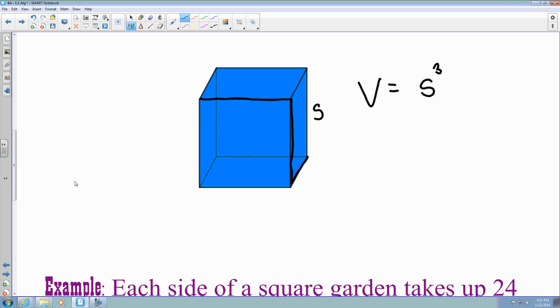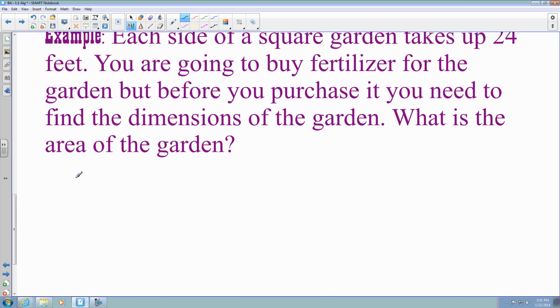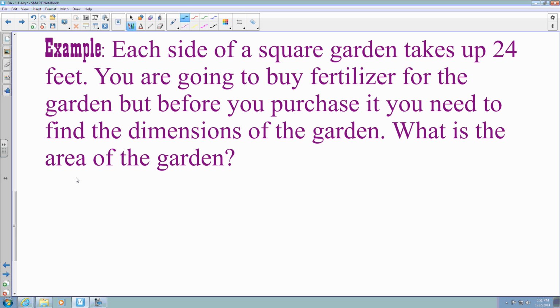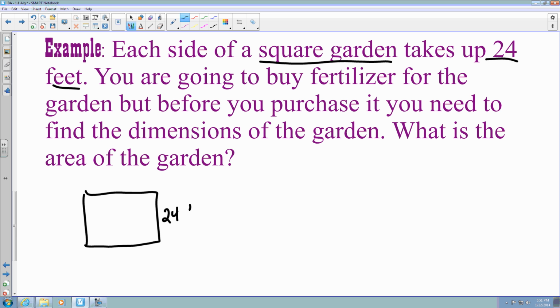Okay? Let's take a look at some examples. It says, each side of a square garden takes up 24 feet. You are going to buy fertilizer for the garden, but before you purchase it, you need to find the dimensions of the garden. What is the area of the garden? So they're telling us that it's a square garden and each side is 24 feet.